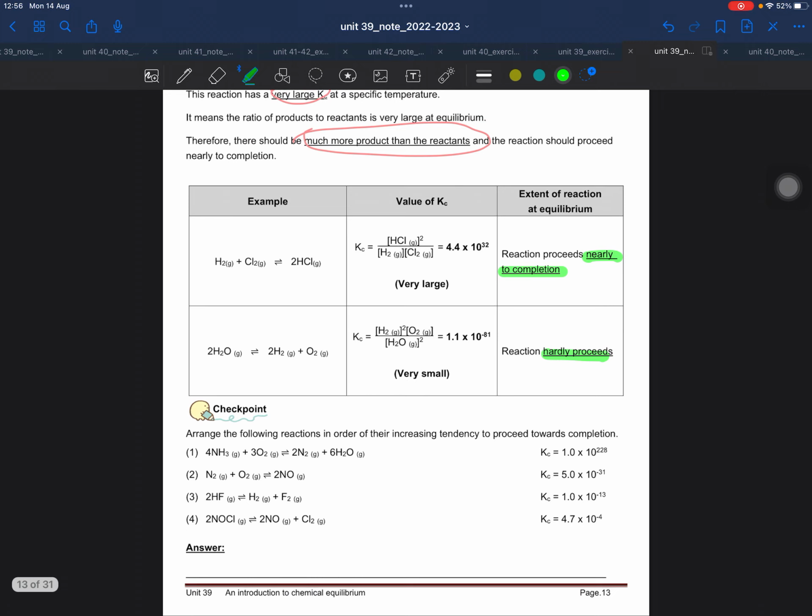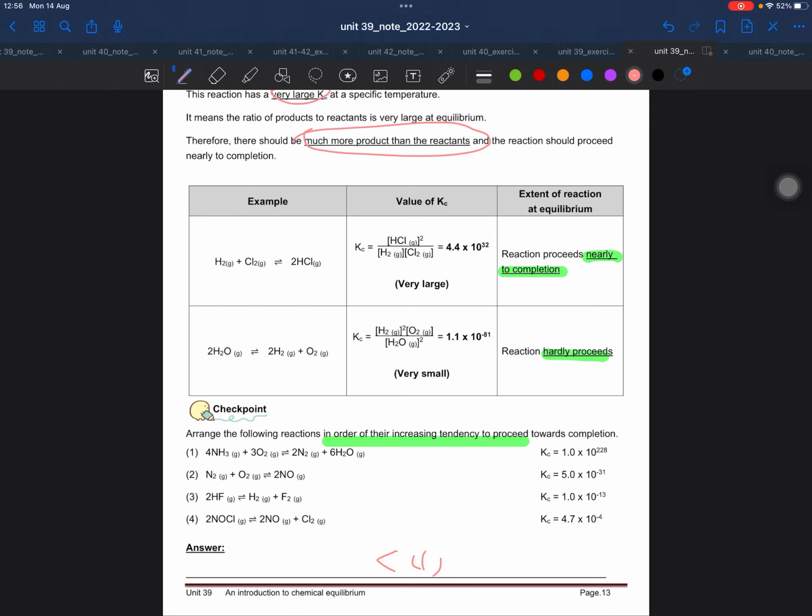Okay, so now with this checkpoint, please help me arrange the order in increasing trend. Which one is almost complete? Which one hardly proceeds? I think this is easy, right?